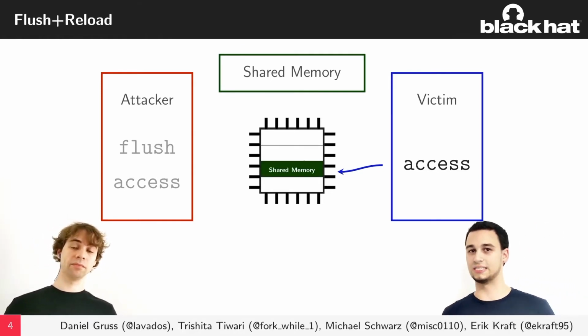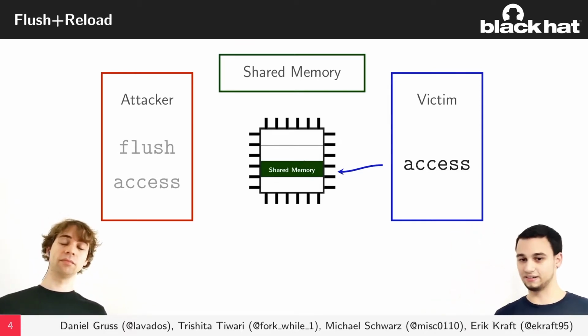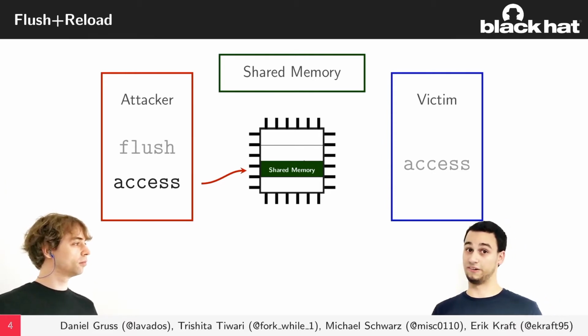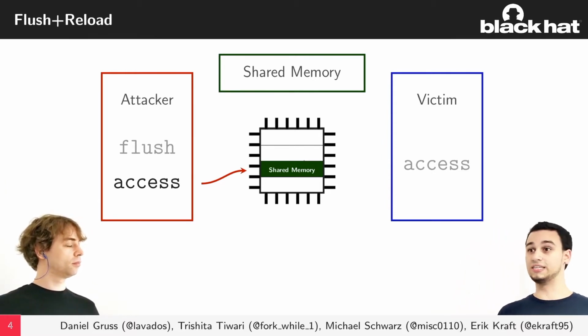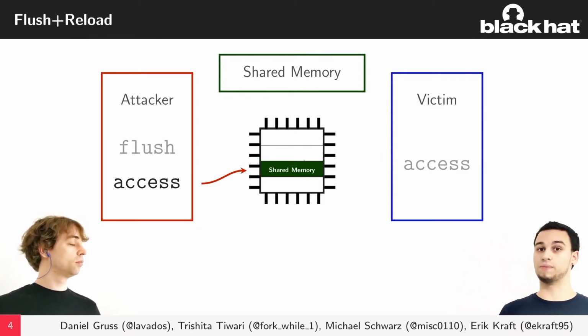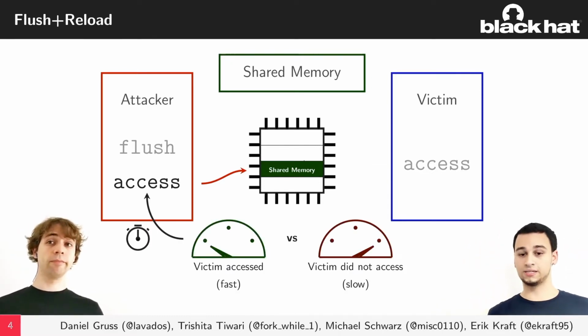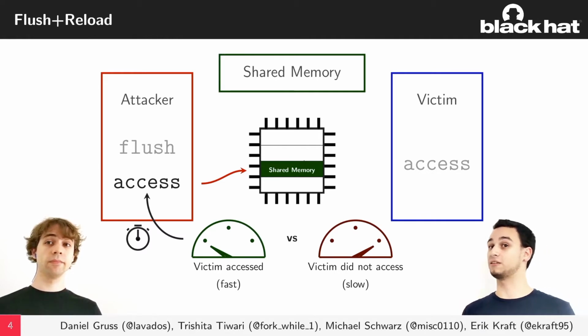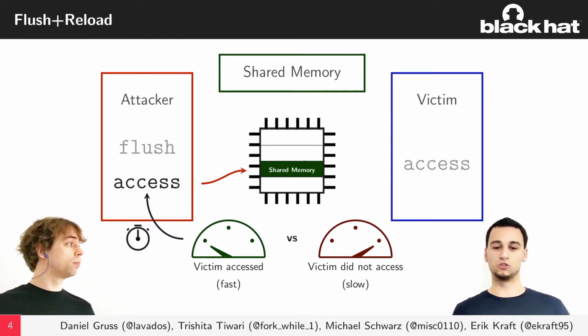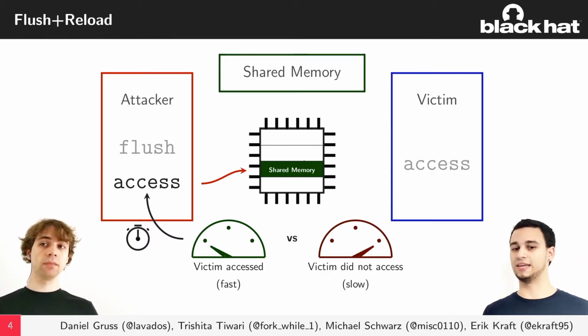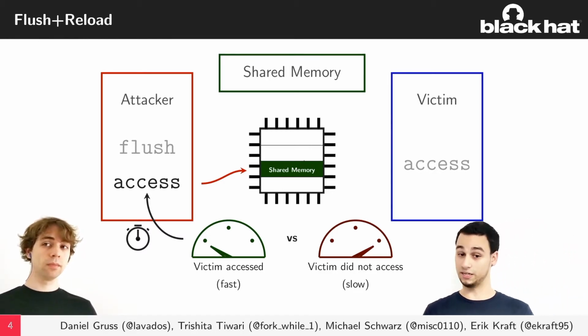When the victim accesses that, it's again in the cache, the shared memory, and now the attacker can also access it, it's shared. So the attacker can see whether it's in the cache or not by measuring the access time. Then the attacker learns whether the victim accessed some data or did not. That's some information that you might not want to share with any other application if you are an application.